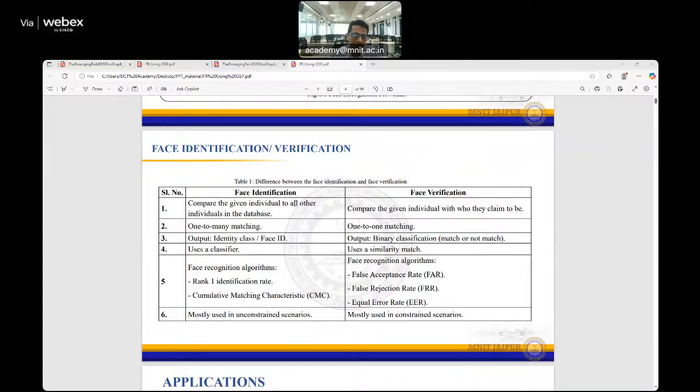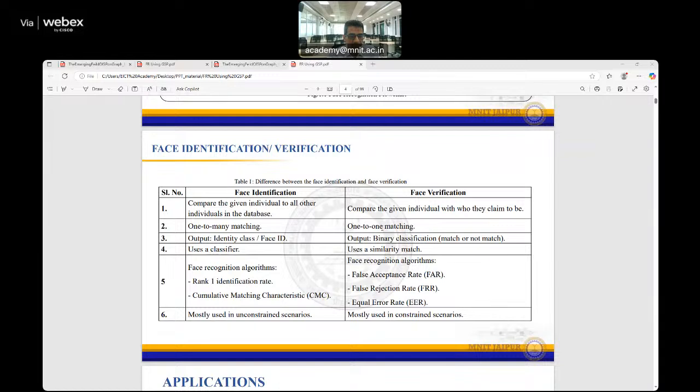Now, coming to face identification and verification, we should be very clear that the two things are different. In face identification, you compare the given individual to all other individuals, because it is person centered. In face verification, you compare the given individual with whom they claim to be.